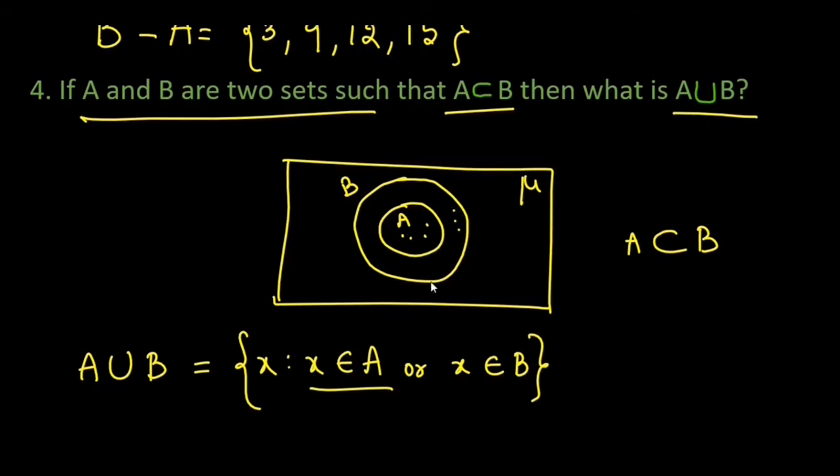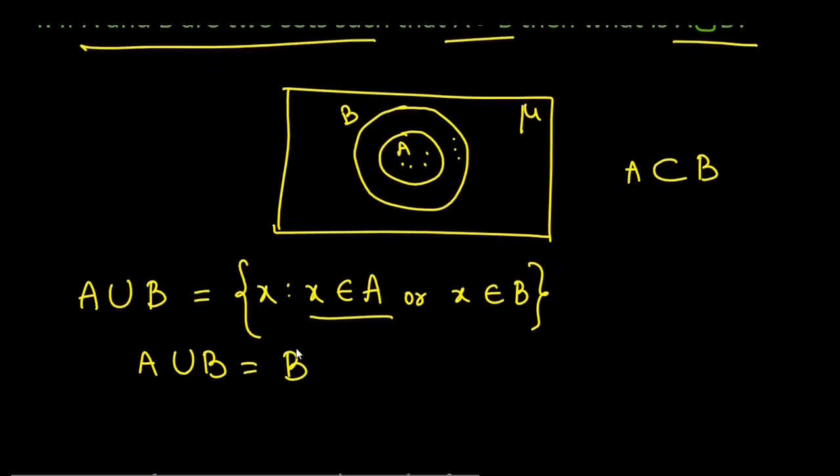The elements in B are there in only B. The elements only in B should be here and the elements in A also should be here, A and B. So the elements here are always present in B, the superset. So A union B becomes B. All the elements in A are also the elements of B. So A union B becomes B.